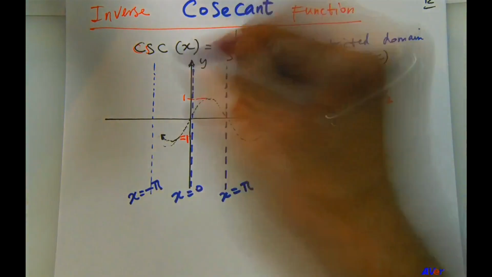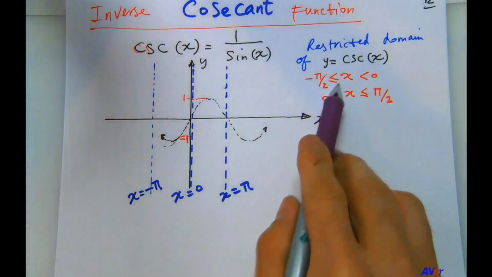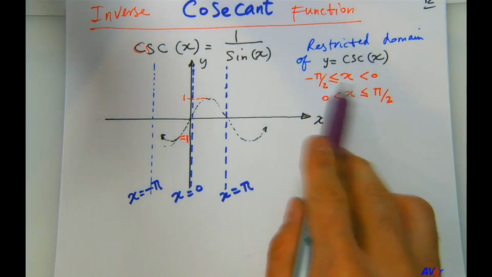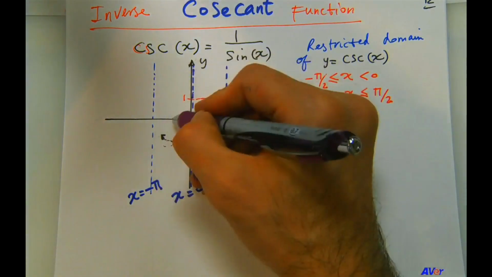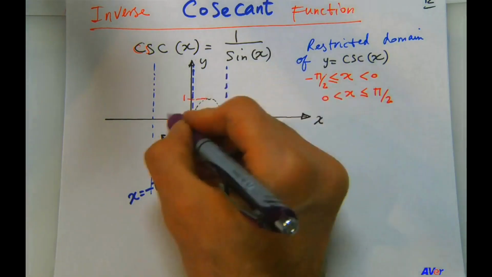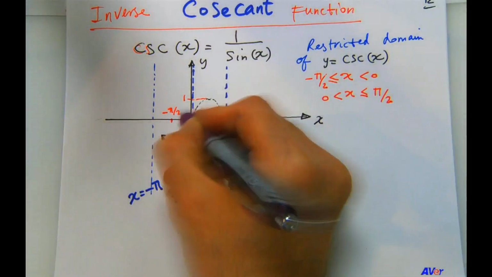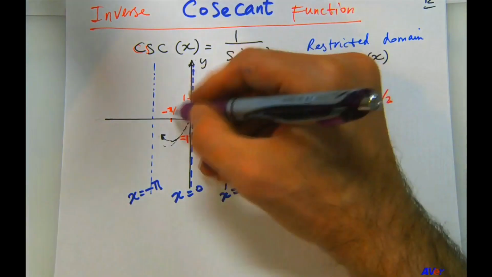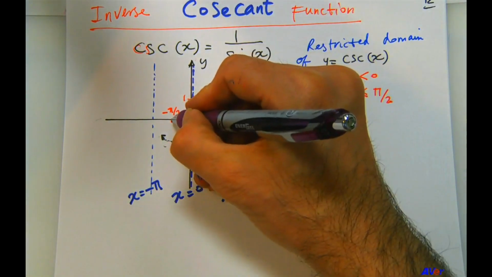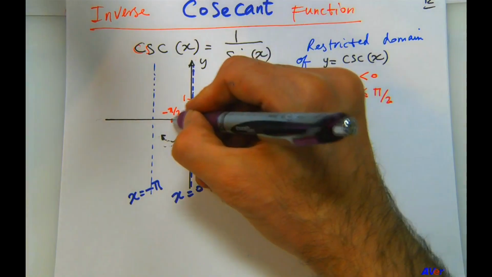Okay, so for the cosecant function, the domain is limited to negative pi over 2 to 0, and pi over 2 has to be here. This is negative pi over 2 and to 0. So it's going to look like this.